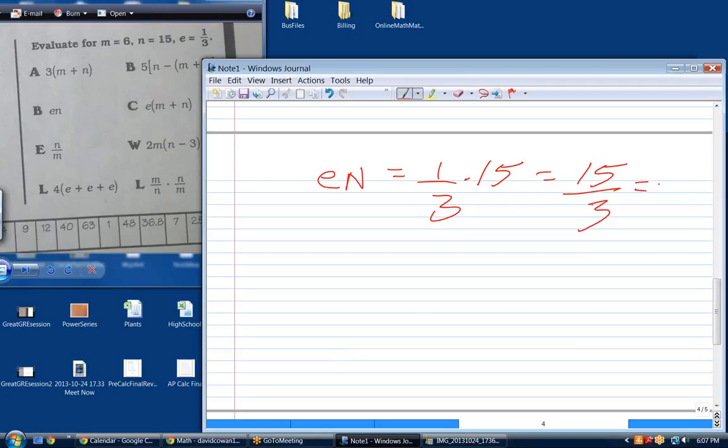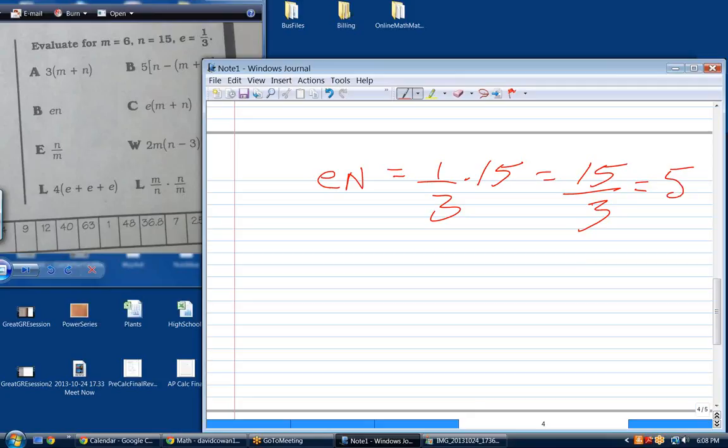What is it equal to? 15 divided by 3 is 5.